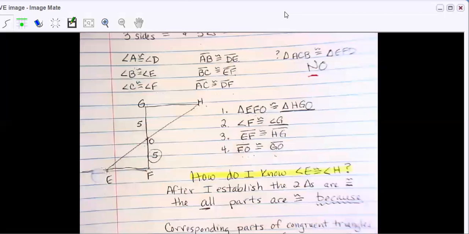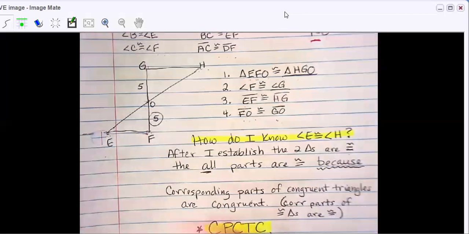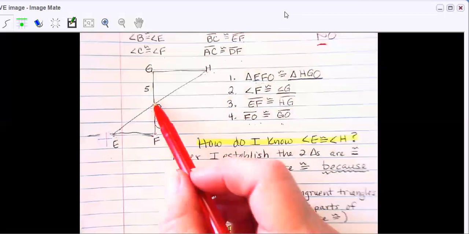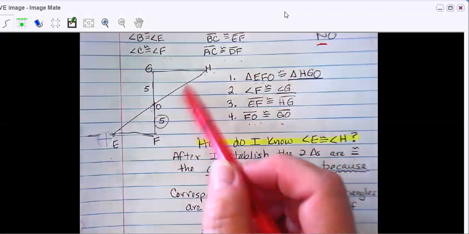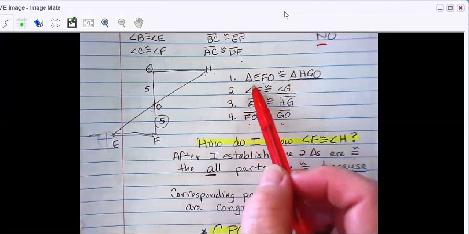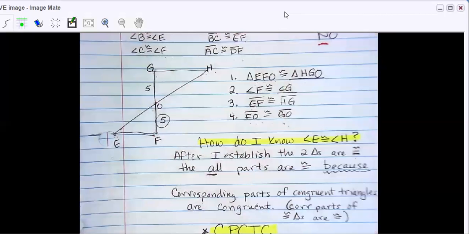So then we drew this picture, and I had 4 questions. Here we have 2 triangles joined by the middle, and we want to know triangle EFO would be congruent to what? Now, keep in mind, my drawings will never look the way they're supposed to.